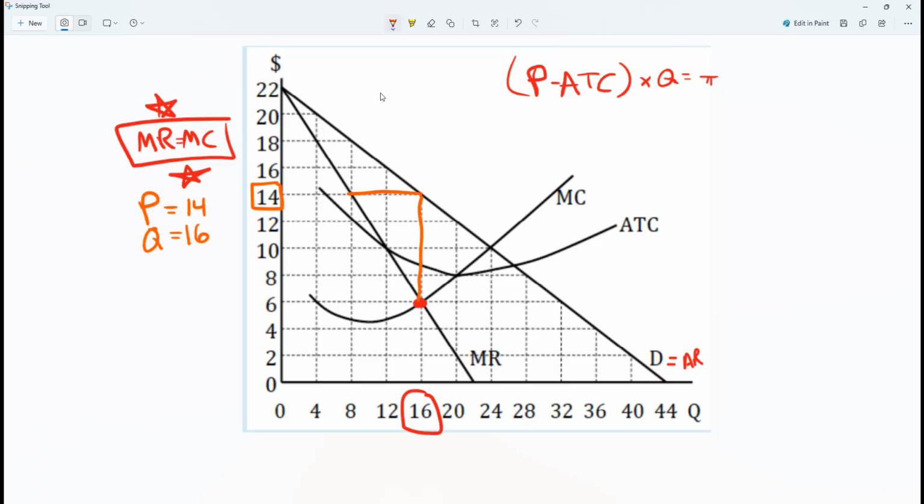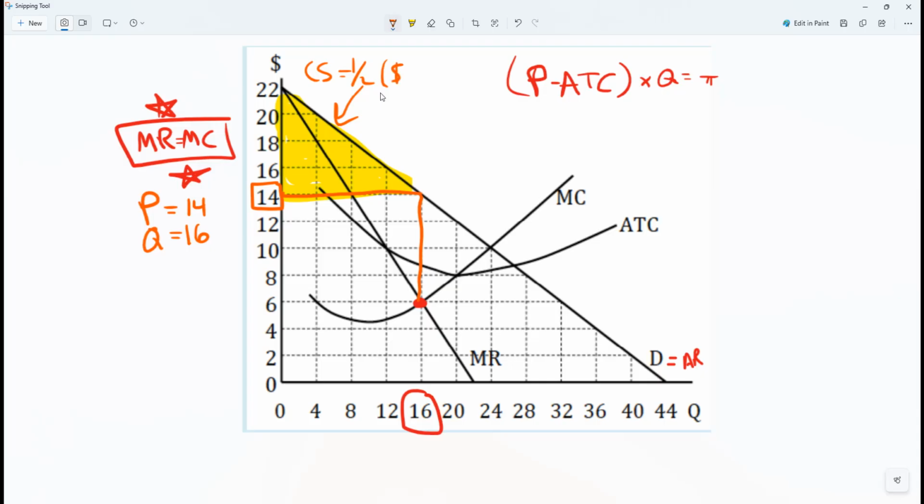If you wanted to calculate the consumer surplus, it's going to be the area below the demand curve and above your price. That's just a linear triangle. This is consumer surplus. And that linear triangle goes from 22 down to 14.